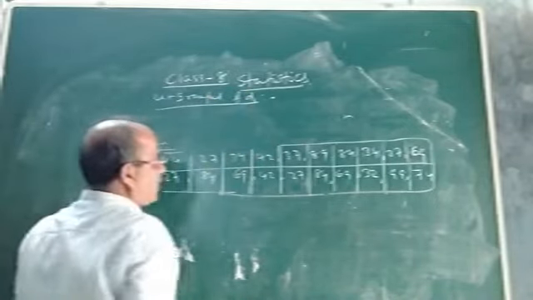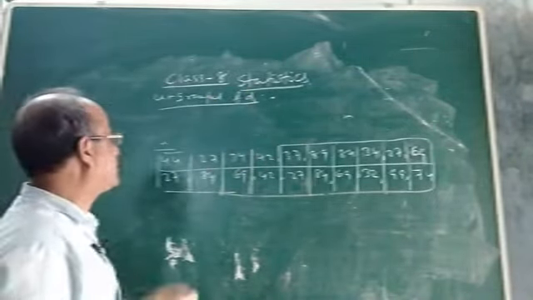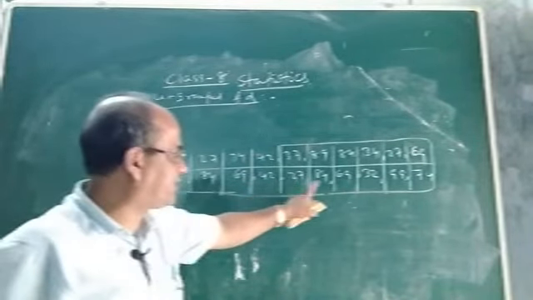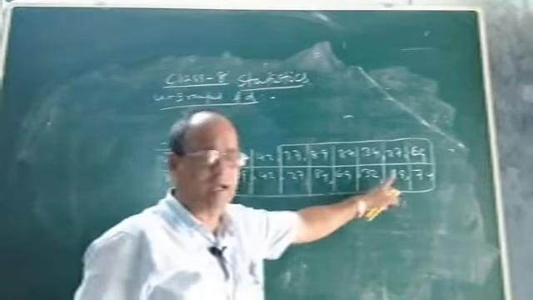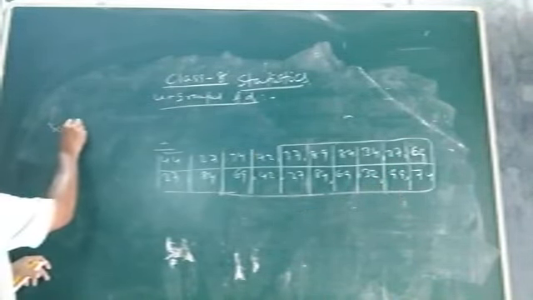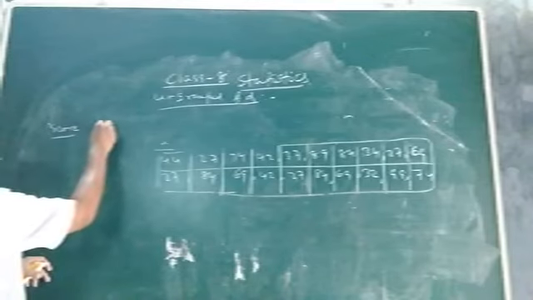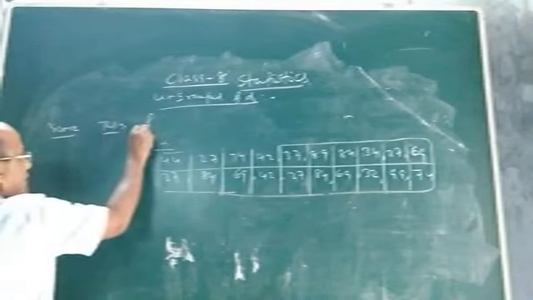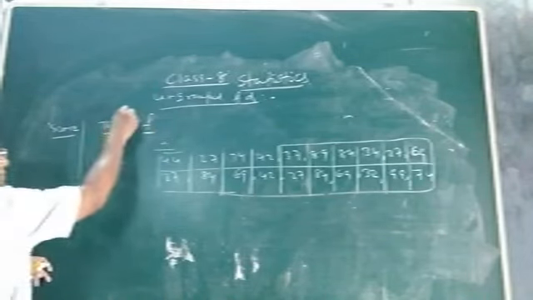So how can we prepare an ungrouped frequency distribution of this? What is the minimum score? The minimum score is 27. What is the maximum score? It is 99. So first what you will write? You write score. It is one column. Then you give tally. Then is your frequency. Look at F for frequency.